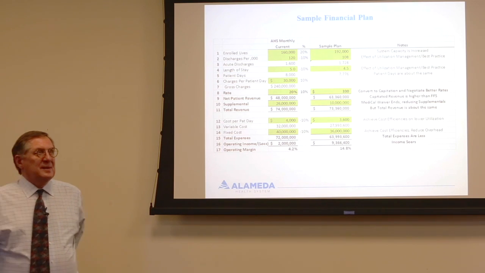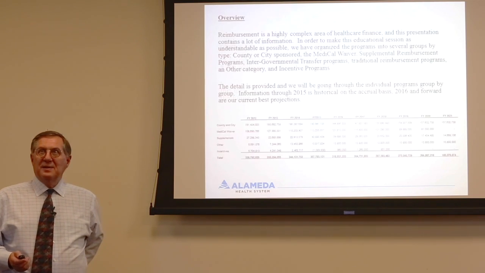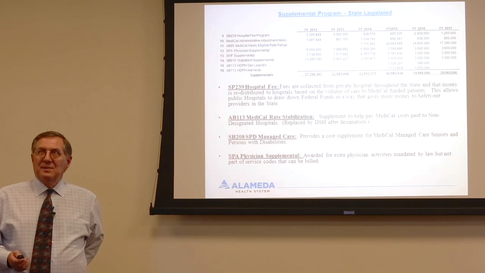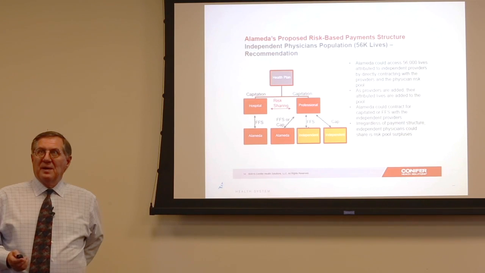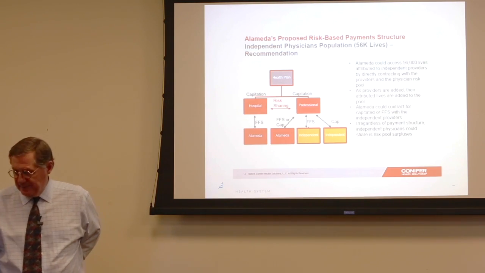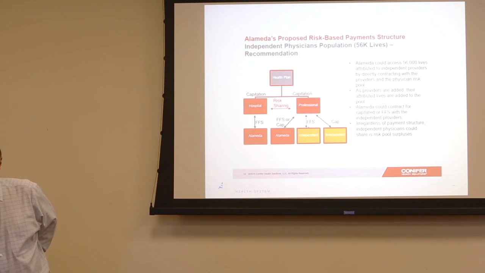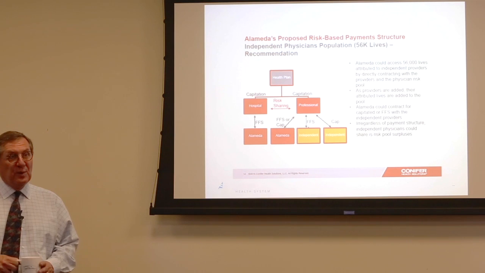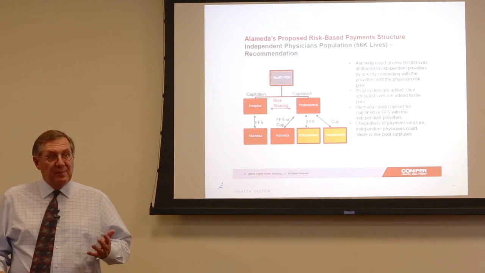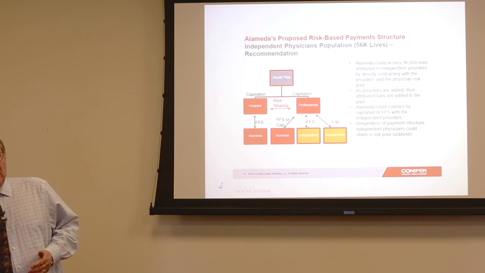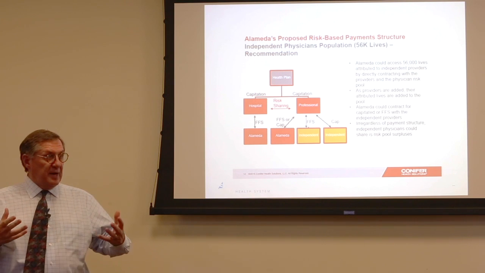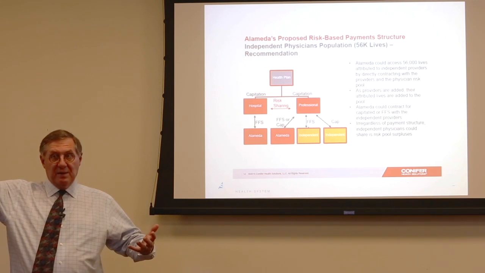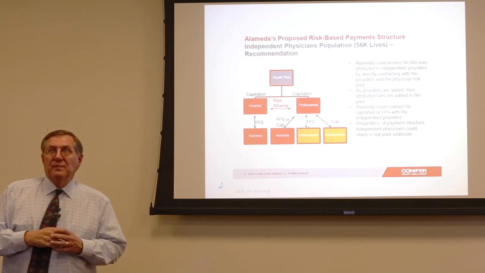Okay, let's see. So we did this part. Now I want to talk a little bit more about capitation, and what we would need to do, because the conclusion of the other part was, you really need to convert to a capitated model, improve utilization so that we have more capacity, and then that'll expand our revenue base.